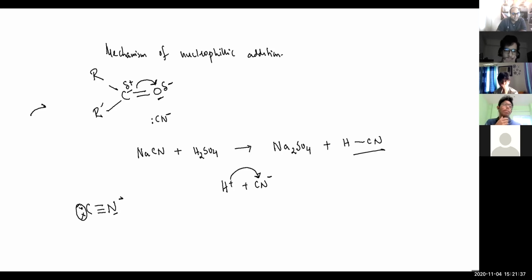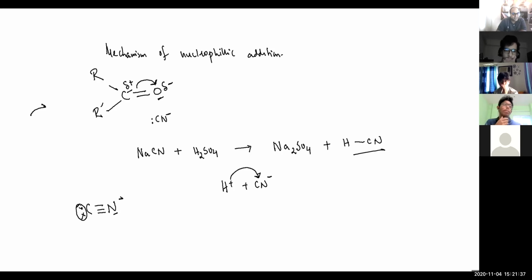Nucleophile. So this nucleophile then attacks this carbon. It becomes a carbon with the R group, with the R prime, with a cyanide and an O minus.